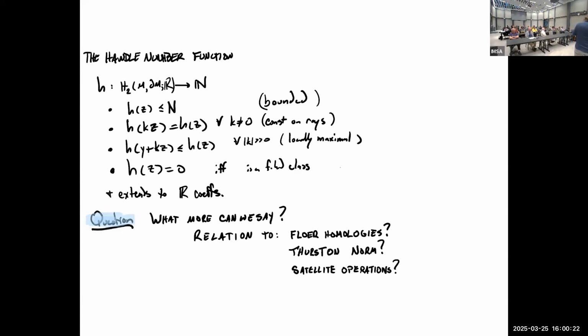Maybe very naturally, when you're thinking about fibrations, thinking about what happens with the Thurston norm, and then other natural operations on three-manifolds, and especially knot exteriors, which would be doing satellite operations. So we'll next go ahead and look at these three options.